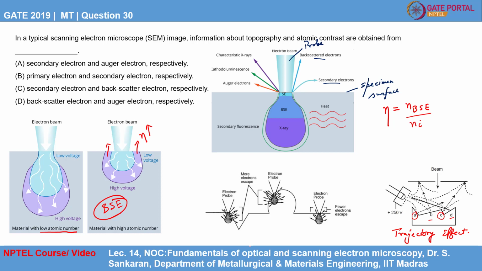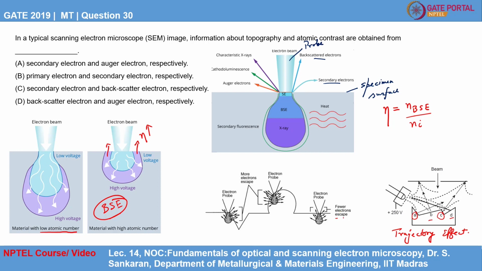Okay, the electron number effect. Now what do we mean by electron number effect? It means that when the electron probe hits a surface at an angle, more electrons can escape from the specimen than when the probe hits the flat surface directly, as can be seen.